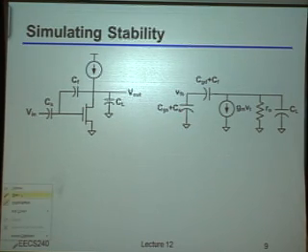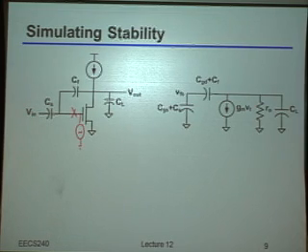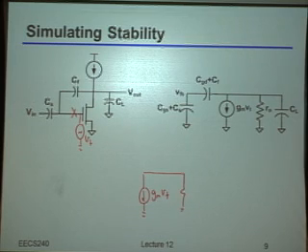Well, if we tried to do this in SPICE, literally just by cutting the loop right there and adding a v-test like this, let's draw what that small signal model would actually look like. Of course, I would have the GM, driven by some v-test, which I'll call VT. I will indeed have an RO, and I will indeed have a C load.